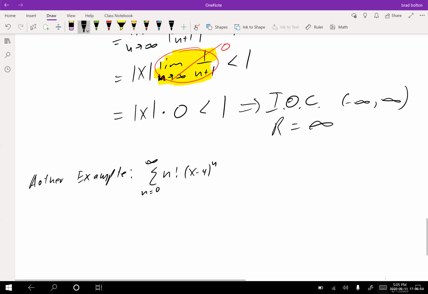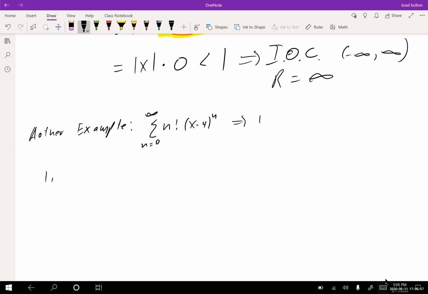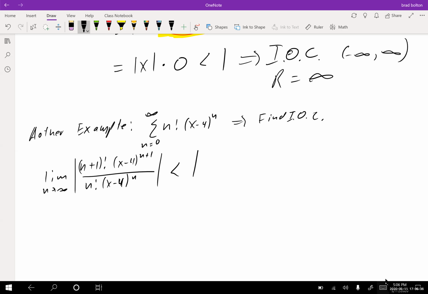What would the ratio test yield? So we would say the limit as n approaches infinity of the absolute value of n plus 1 factorial times (x minus 4) to the n plus 1, all over n factorial times (x minus 4) to the n, has to be less than 1.